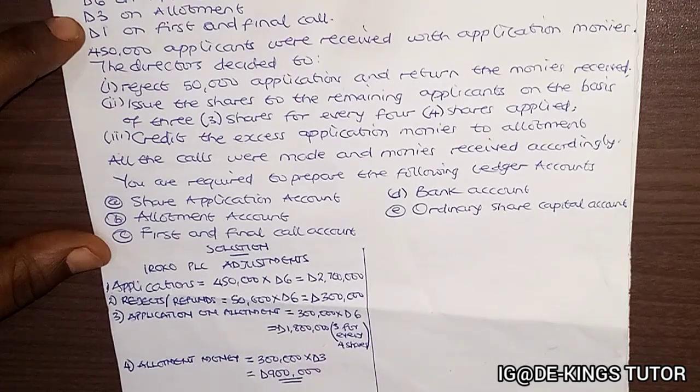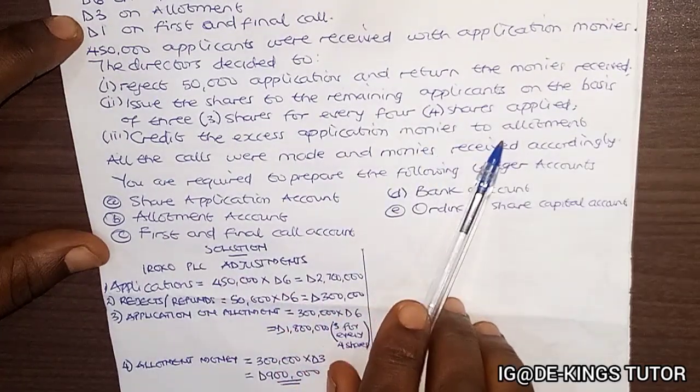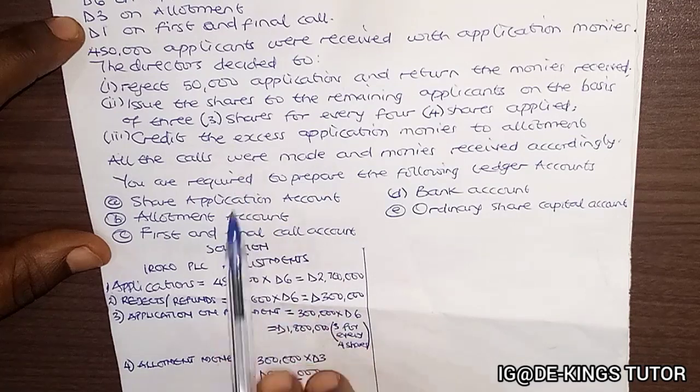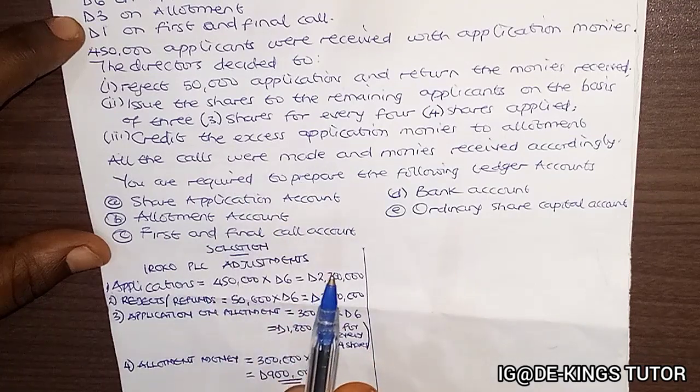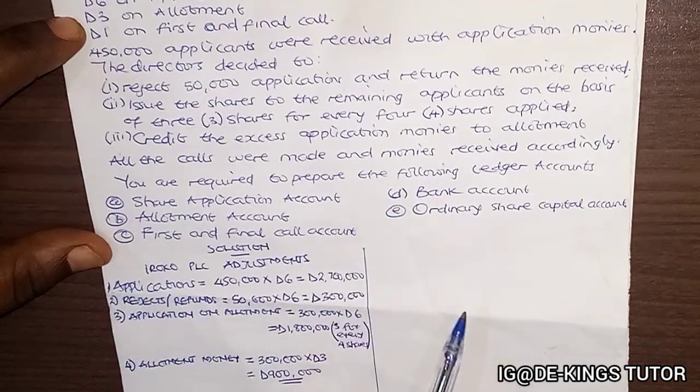Now they said credit the excess application money to allotment. So I'm going to credit the excess application money to allotment. That is what we call the set off.